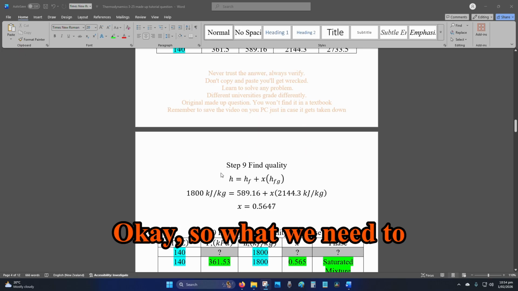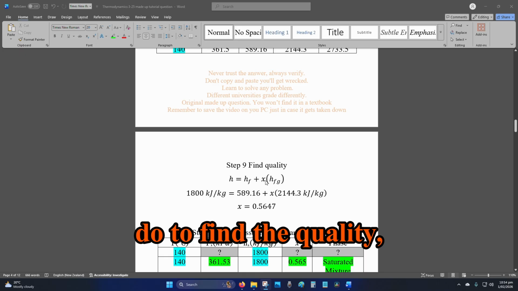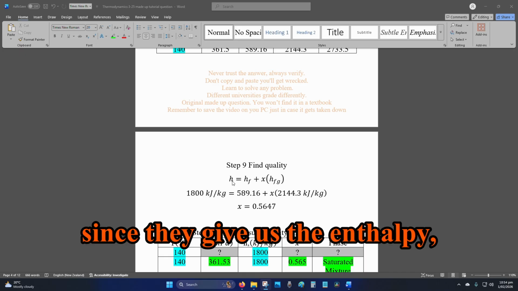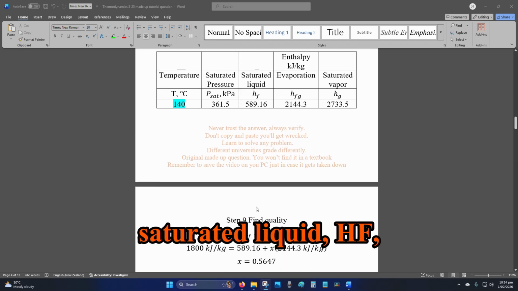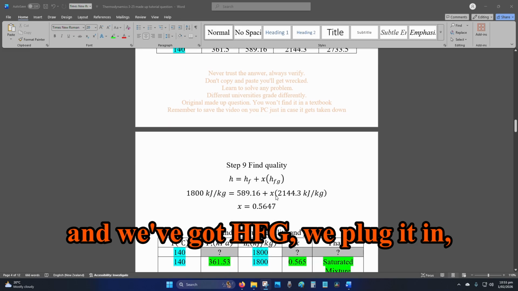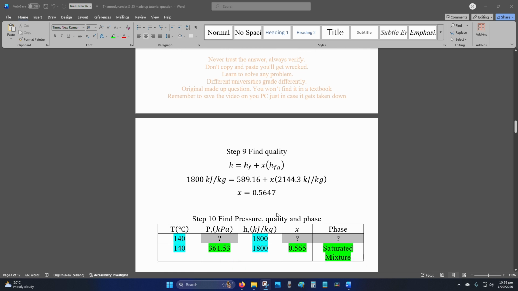Okay, so what we need to do to find the quality, since they give us the enthalpy, is look up the saturated liquid hf, and we've got hfg. We plug it in, and our quality is 0.5647.